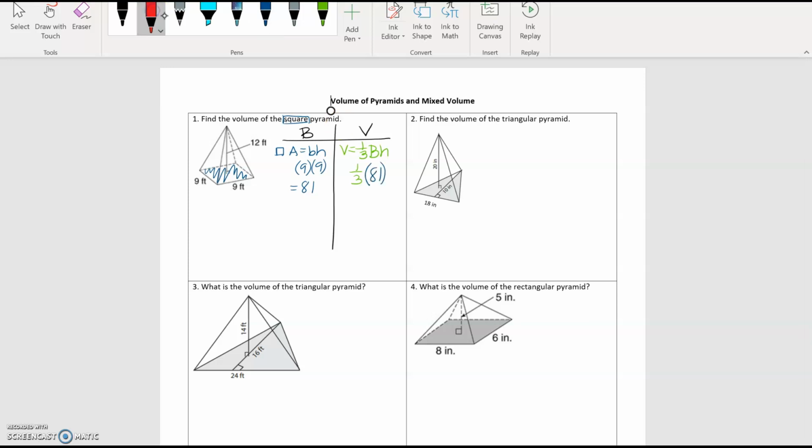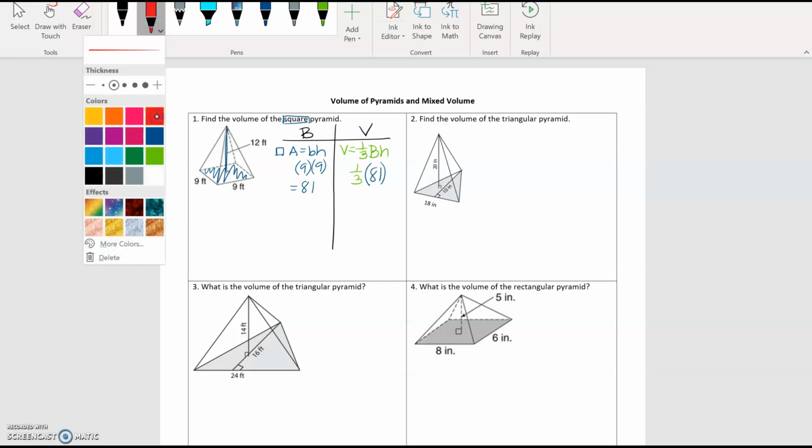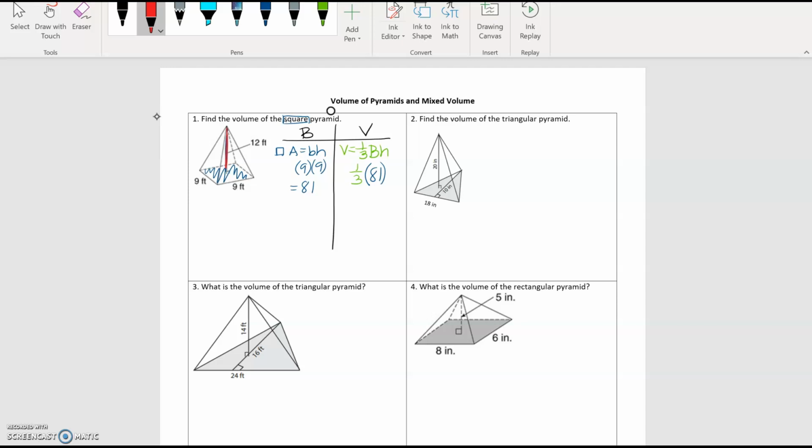And then the height is, of course, the height of my pyramid up and down. So that's going to be 12. So I easily know what 12 divided by 3 is. That's 4. So I'm going to do 81 times 4. 1 times 4 is 4. 4 times 8 is 32. So I have 324 feet squared.